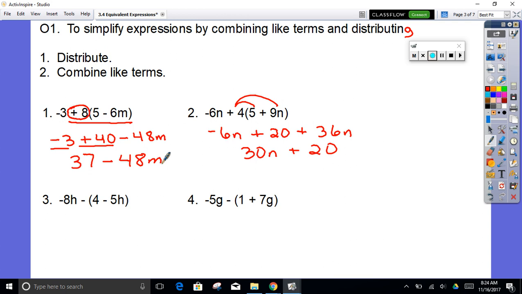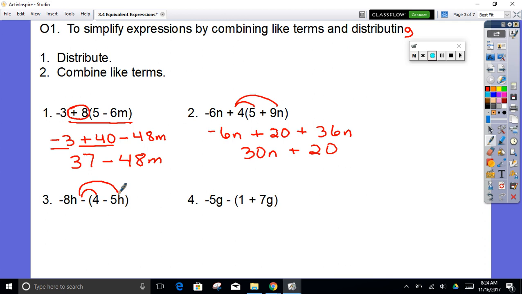Okay, number 3 has kind of an interesting situation. You have negative 8h minus, and then parentheses, 4 minus 5h. When you have a subtraction sign in front of the parentheses, you have to distribute the subtraction sign as a negative sign. So you think about this meaning minus 4 and minus a negative 5h.